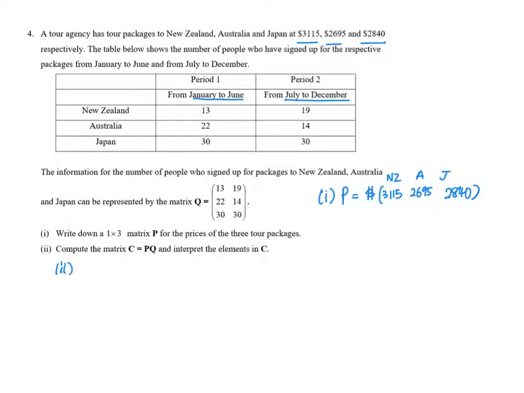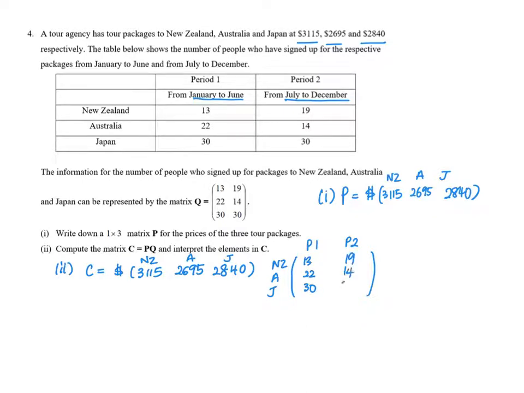So part 2, C will be the price of 3,115, 2,695, 2,840 for New Zealand, Australia, and Japan, to be multiplied to the matrix for New Zealand, Australia, and Japan for period 1 and period 2, which is 13, 22, 30, 19, 14, and 30.